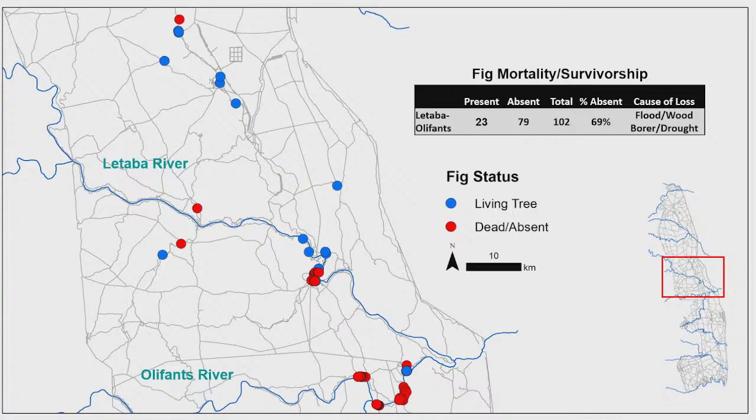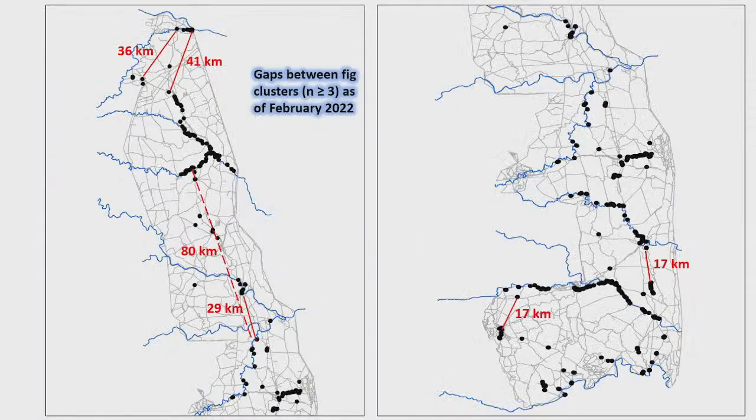Letaba camp is unique in that it had a lot of trees anthropomorphically planted in the camp, and those have been attacked, I think, by a combination of stresses from drought, lack of watering with water restrictions, and the polyphagous wood borer that's been invading recently. And I'm worried about the center region particularly.